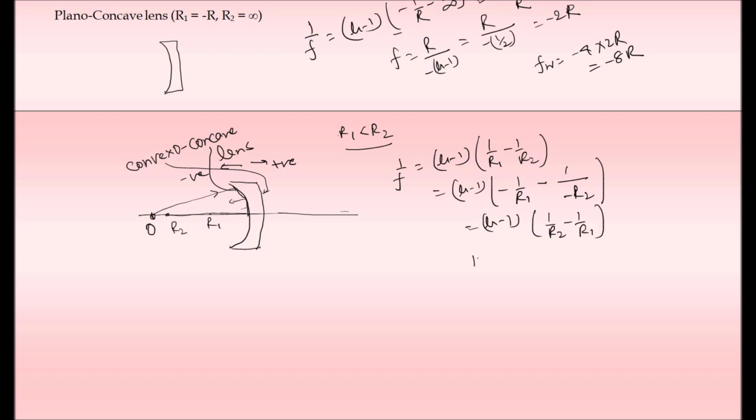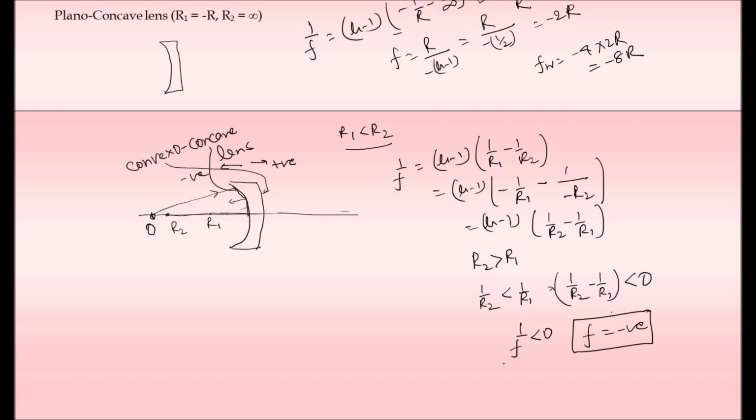As r2 is greater than r1, so 1 by r2 is less than 1 by r1, and from there we get 1 by r2 minus 1 by r1 less than 0. So 1 by f is less than 0, and f comes with a negative. So f is a negative quantity, because of that it diverges the light ray. So basically we call it a negative meniscus lens.